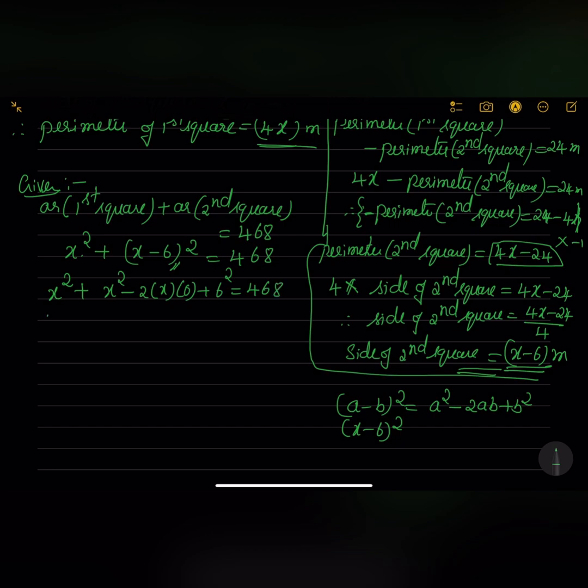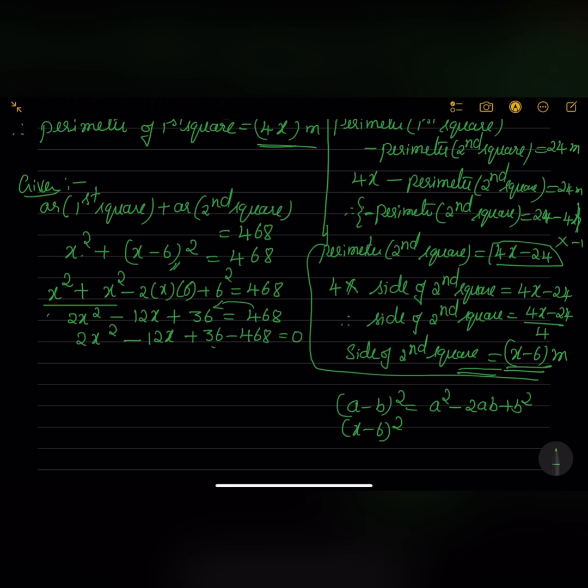So x square and x square, we get 2x square minus 12x plus 36 equal to 468. If we shift this to the left side, we get 2x square minus 12x plus 36 minus 468 equal to 0.